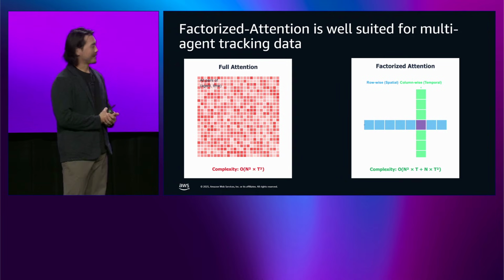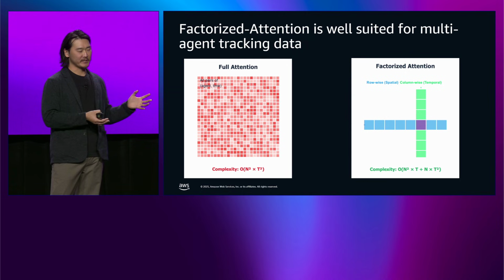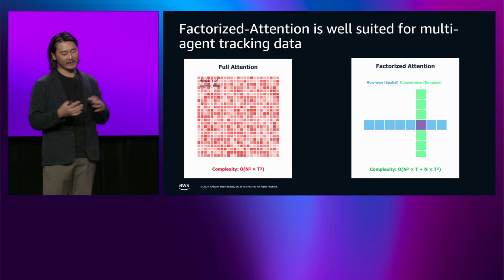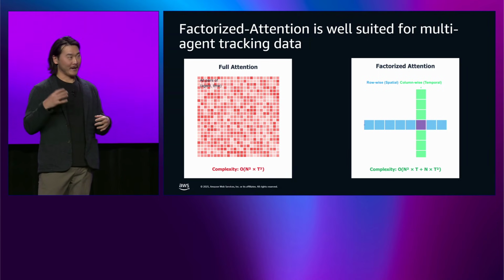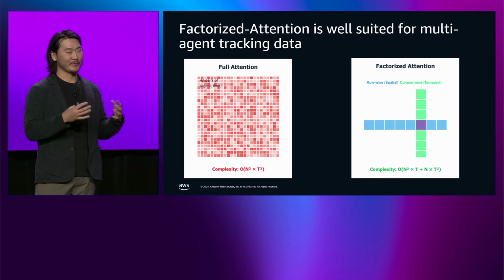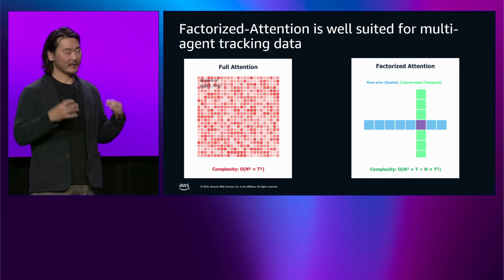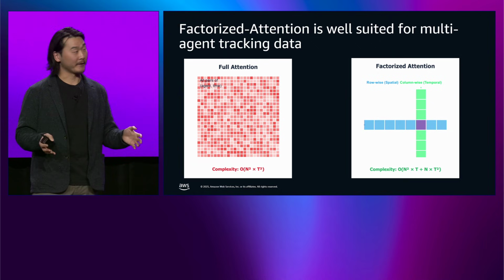All right, so I just wanted to give you a high-level overview of what factorized attention is doing. If you have full attention, you're basically trying to make connections between all the input features. That not only increases your computation costs, but you could also diffuse your attention across many different things that are not necessary.